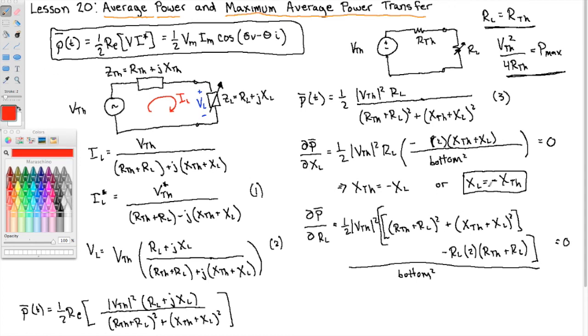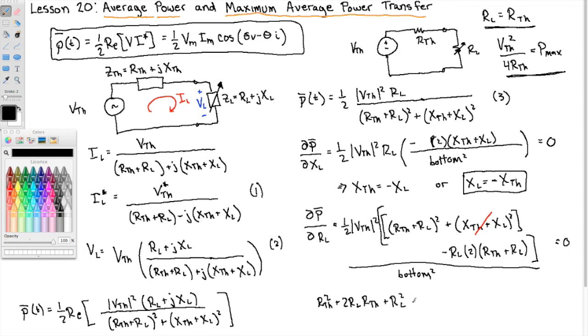So notice from our result from the previous derivative, XL equals minus X Thevenin, so this term is going to drop out. In the big brackets, let me FOIL this out. I've got R Thevenin squared plus 2 RL R Thevenin plus RL squared.